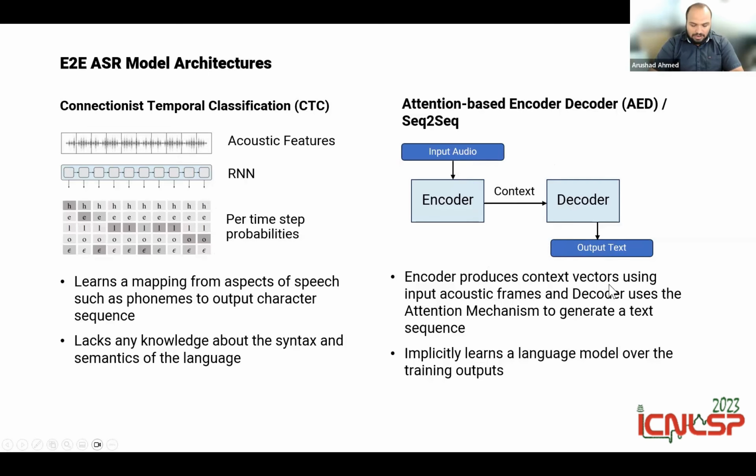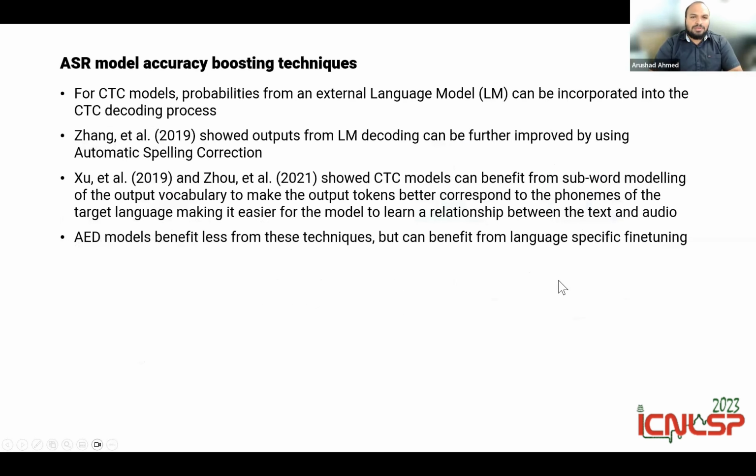There are different ways of boosting the accuracy of these models, especially for CTC-based models. You can use an external language model, such as a transformer-based model or even an n-gram-based model, which can be incorporated into the CTC decoding process to boost accuracy.